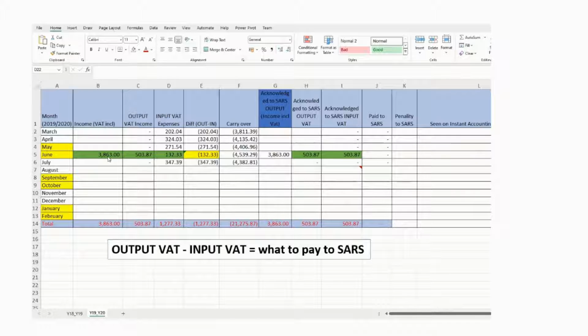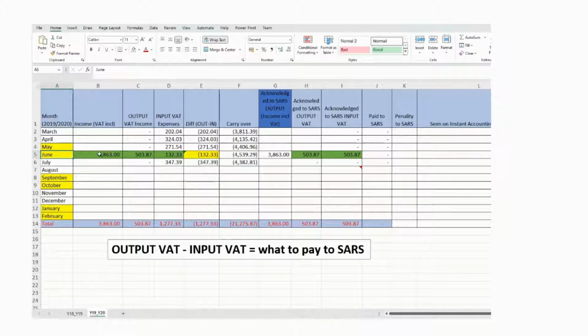So as I start the new financial year, I carry over the 3,609 input VAT as an expense that I need to claim from an output VAT. And I continue for March all the way down to May. And at the end of May, I'm sitting at 4,406 Rand of input VAT.